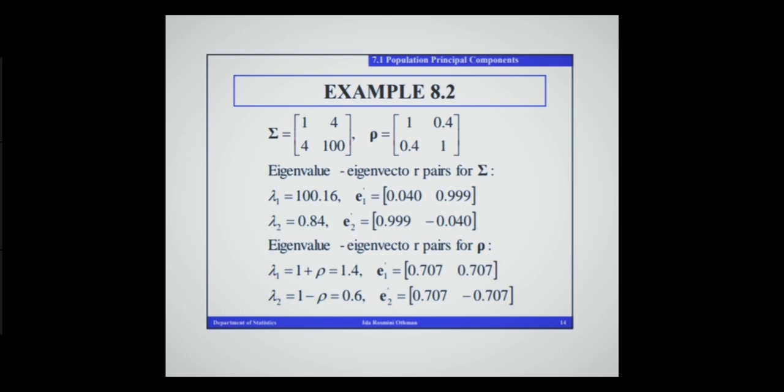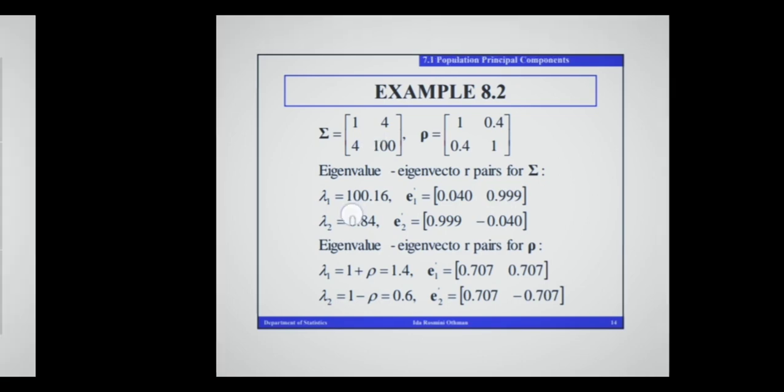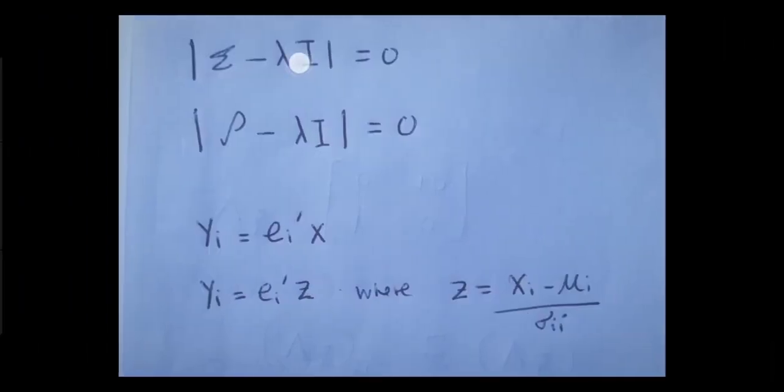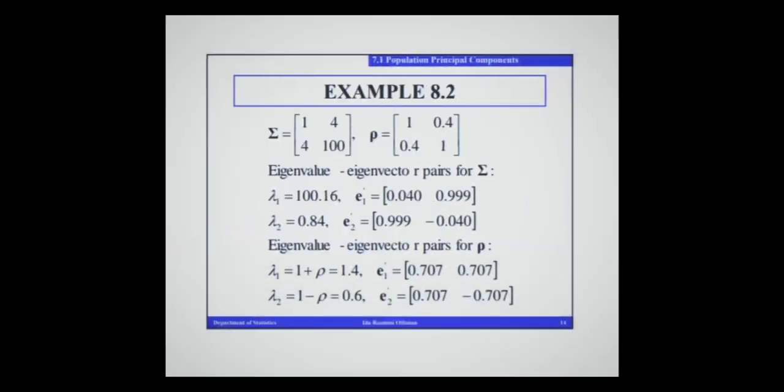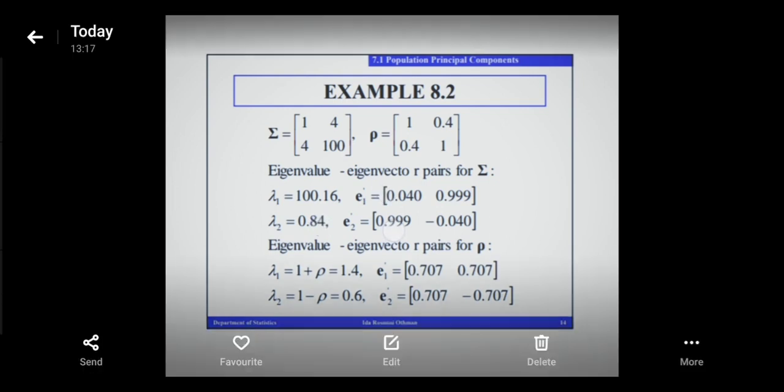Okay, let's say we want to find the eigenvalue. We want to find the eigenvalue using the big sigma. Okay, so we will use the formula of this one. Okay. So here it gets these two eigenvalues and their pairing of the normalized eigenvector. Okay.